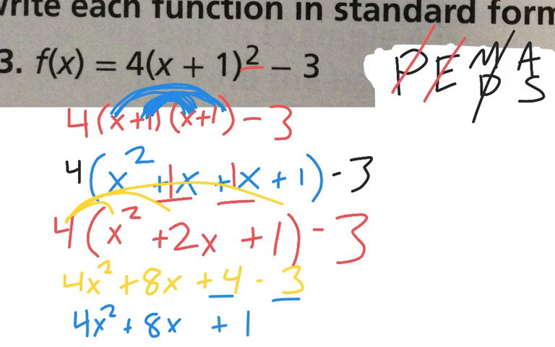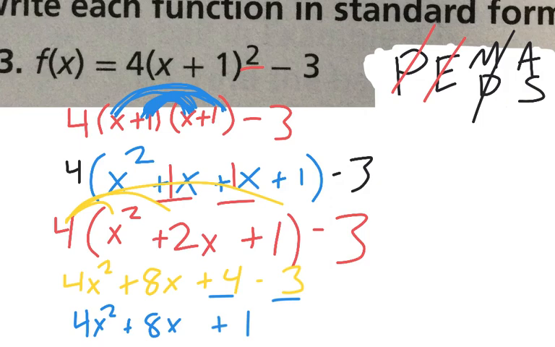So, in your y equals form, I want you to put this in first. 4, parentheses, x plus 1, close parentheses, squared, minus 3. And then put what we got at the end.